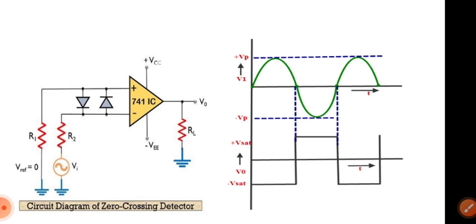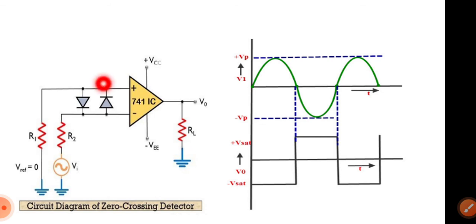Both of these problems can be cured with the use of regenerative or positive feedback, which causes the output to change faster and eliminates any false output transition.